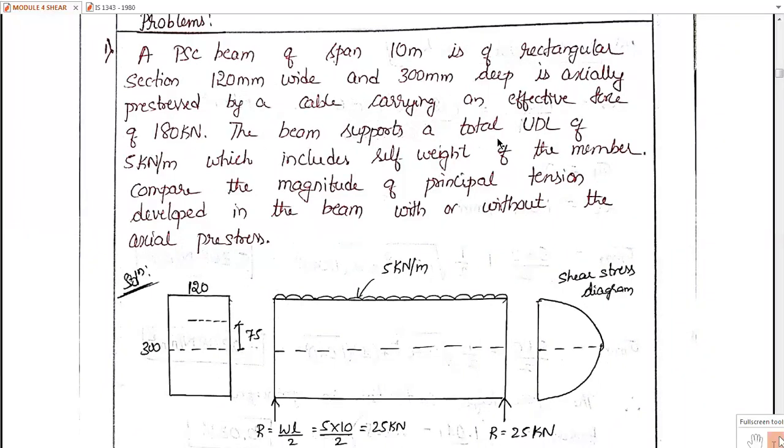The beam supports a total UDL of 5 kN per meter. Say the beam is subjected to a UDL of 5 kN per meter, which includes the self weight of the member. Means we are not supposed to calculate the dead load in this case. The 5 kN per meter is inclusive of the dead load. It is including the self weight of the member. Compare the magnitude of the principal tension developed in the beam.